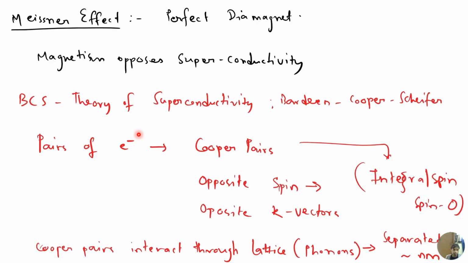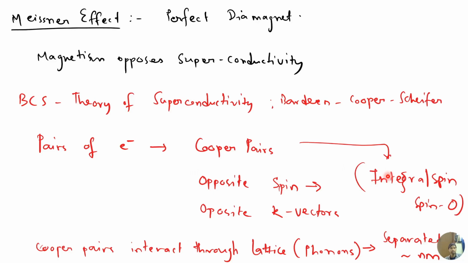This pair interacts by means of phonons. Since this idea was given by Cooper, these are called Cooper pairs, and the condition on them is that they should have opposite spin and opposite k vector.